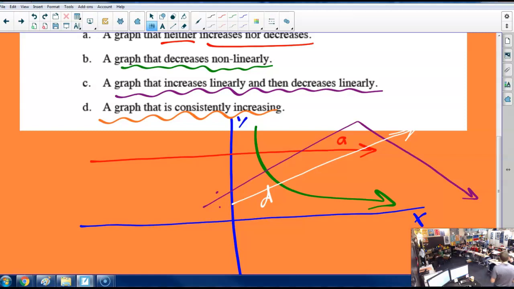Henry? Is it okay if you also made B a squiggly line going down because it's non-linear? As long as it never increases. Wait, so that's going to be your issue. If your squiggly line actually takes the y value up at all... Well, it could go up straight and then it could go down.